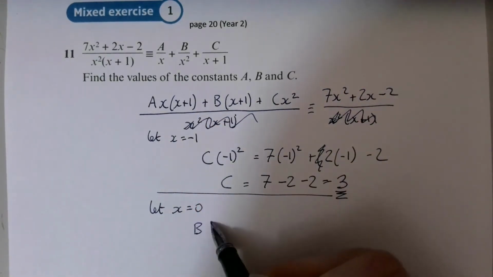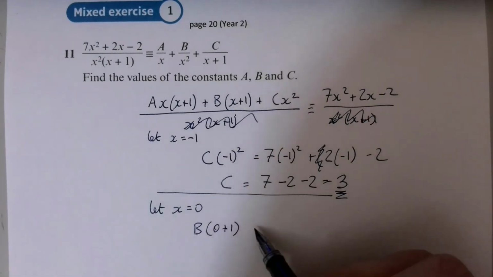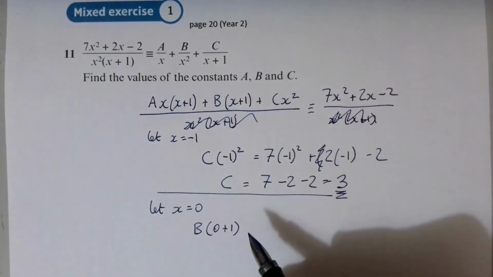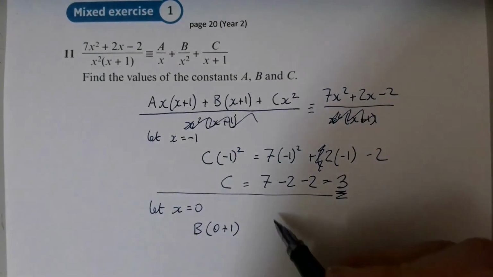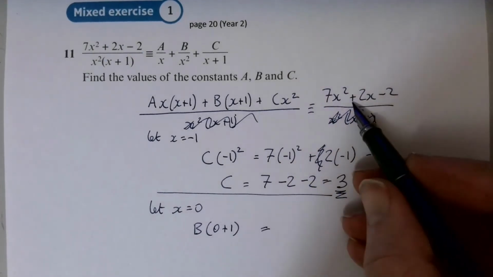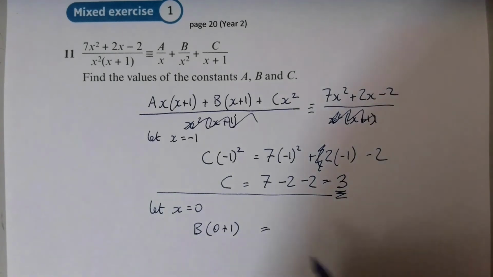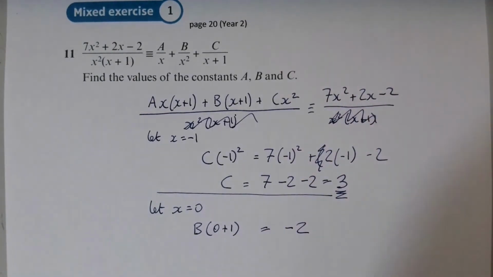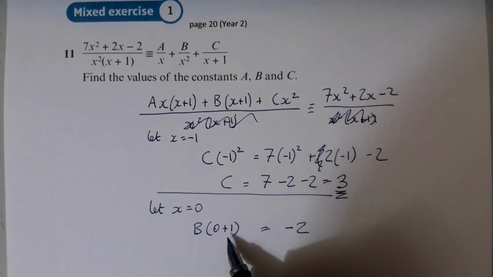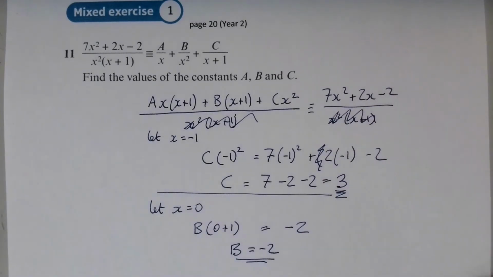This b is 0 plus 1, isn't it? And then the cx squared is also worth 0. And then 7x squared is going to be worth 0, 2x will be worth 0, so we're just equal to minus 2. So 0 plus 1 is 1, isn't it? 1 times b is 1b, so b is equal to negative 2.